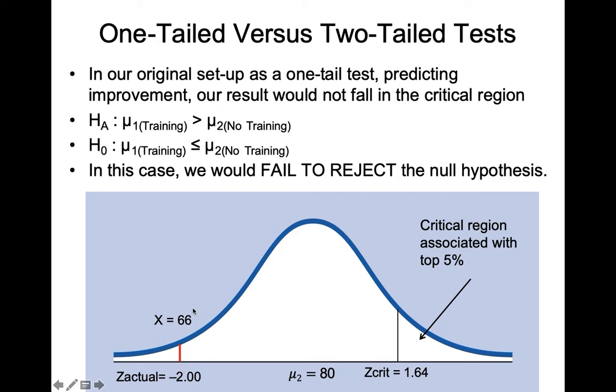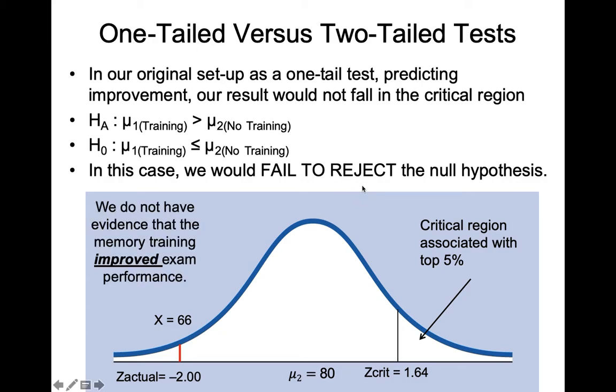Notice that this result of getting a 66 is entirely consistent with this sample being sampled from our trained population of being less than or equal to our no training group. So in this case, we're going to fail to reject the null. What we're saying is that we do not have evidence that the memory training improved exam performance.